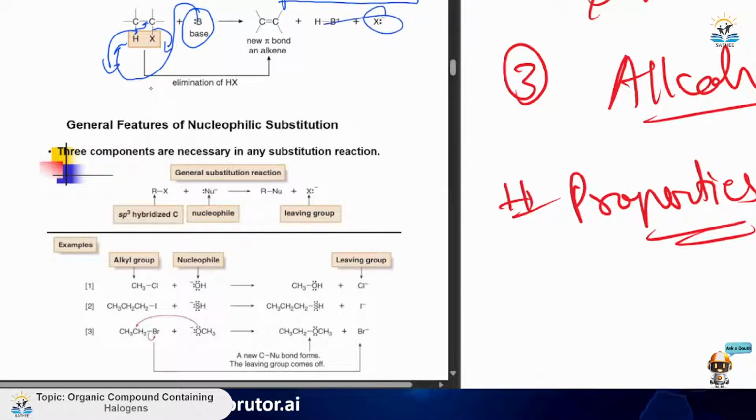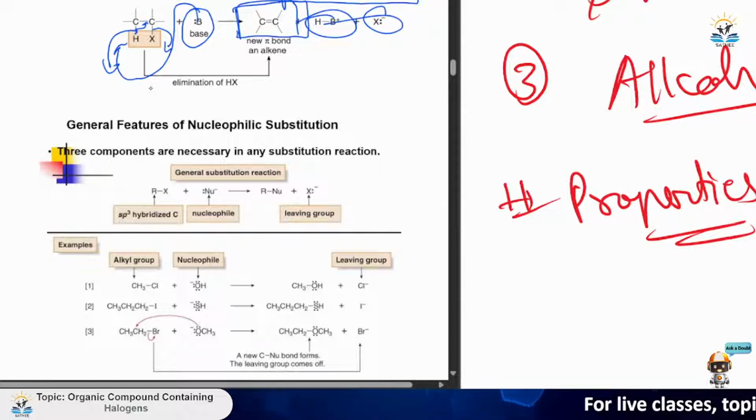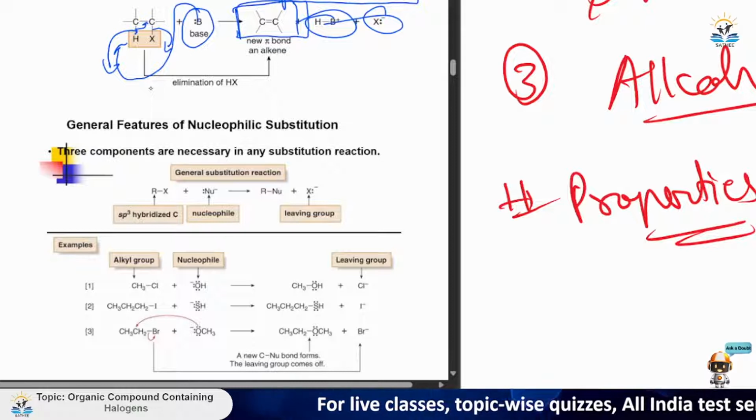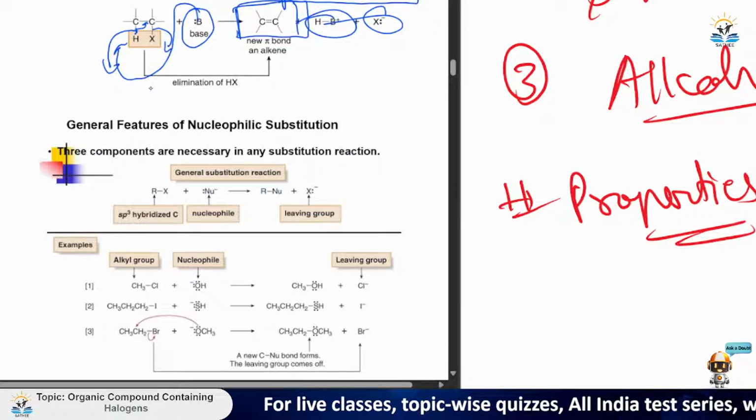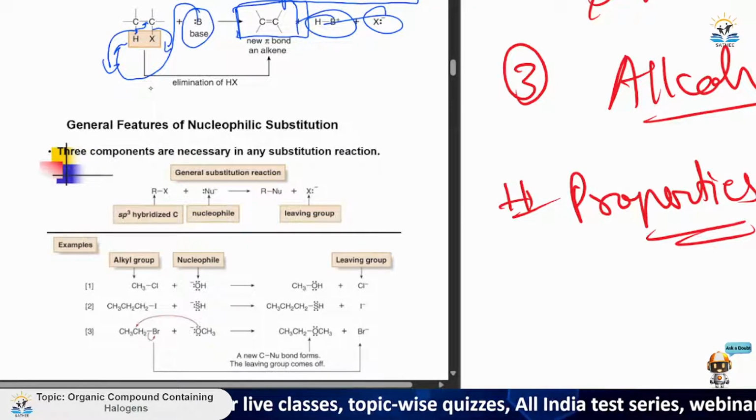So X negative will be formed, HB positive, and a new alkene structure will be formed. You know in organic chemistry, for the preparation of alkenes, we use bases. That reaction is basically called dehalogenation.